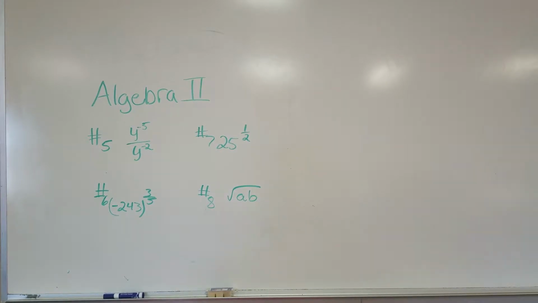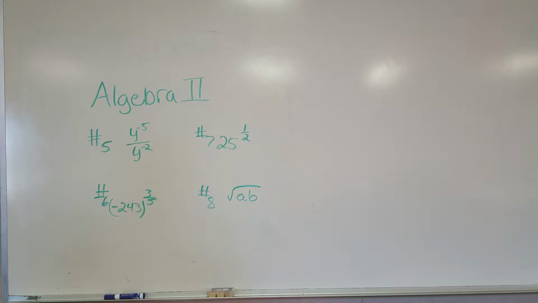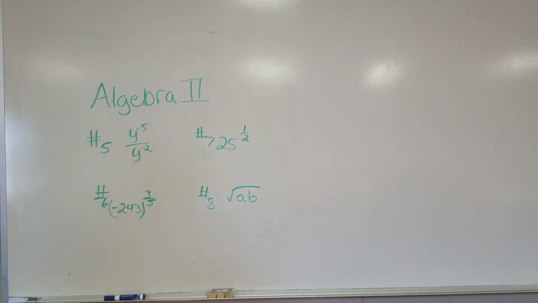All right, continuing on with exponent rules. On problem number 5, they say y to the power of negative 5 over y to the power of negative 2. If they have the same base, as in y, it's in both, then you can combine your exponents. When your exponents are on opposite sides of fractions, you subtract to whatever side has the bigger number. In this case, negative 2 is bigger than negative 5.